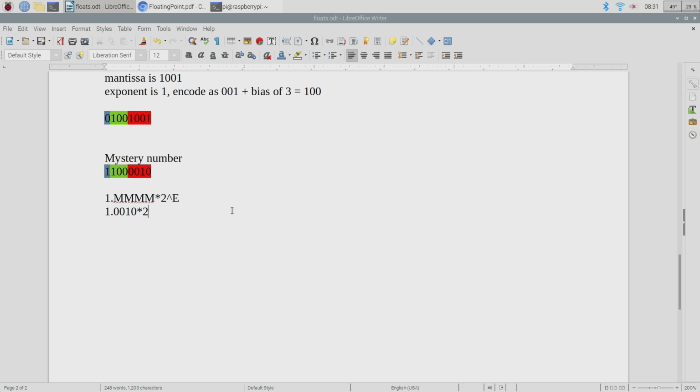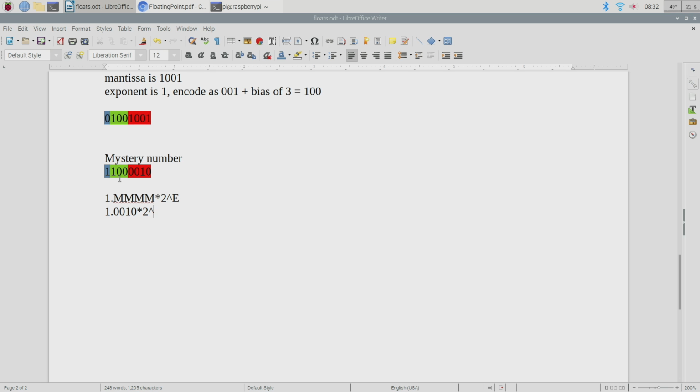What is our exponent in this case? What's encoded there? No, it's not 3. It's 4.